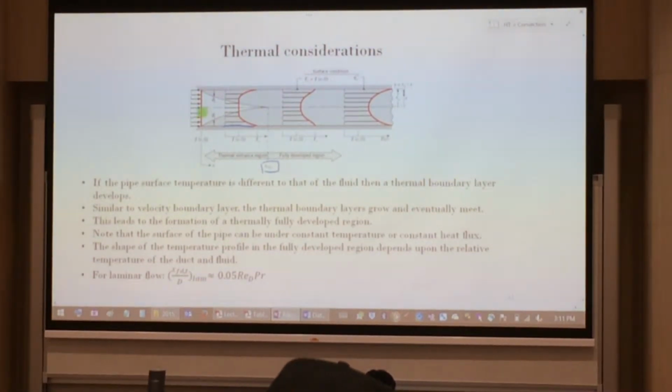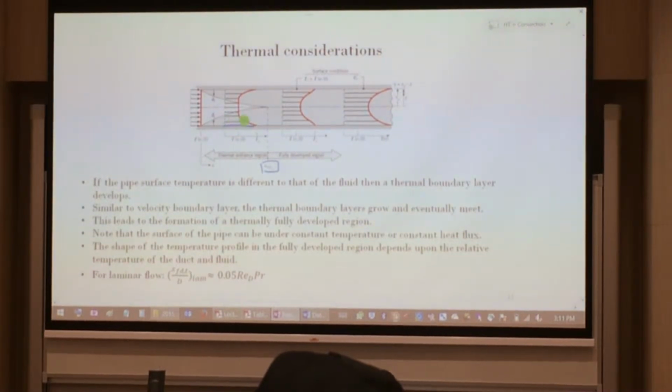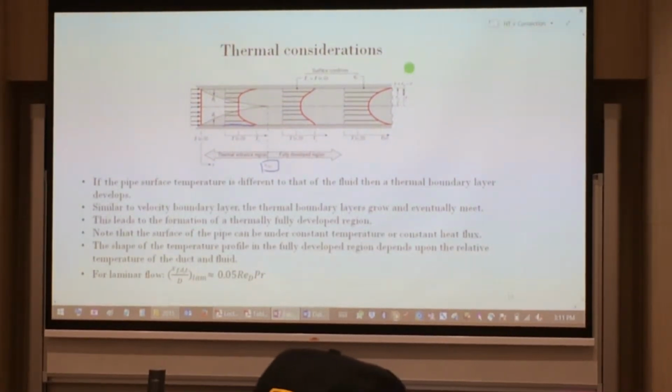Since the flow is coming in, according to the velocity profile, it would also establish that kind of temperature profile. This is for the case where the wall temperature, the S here stands for the surface, is greater than your T temperature out there at the distance r.